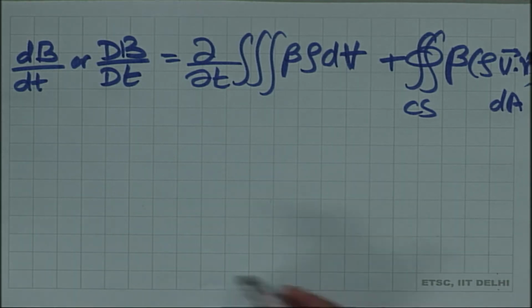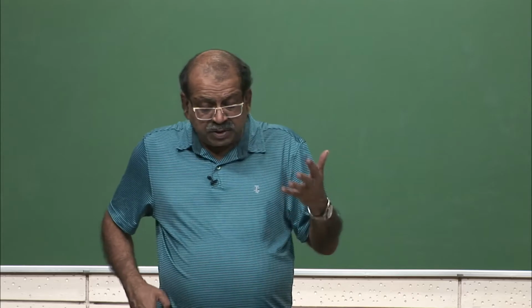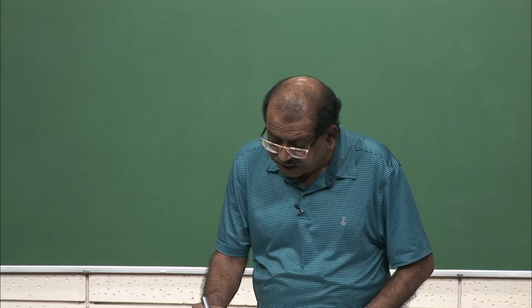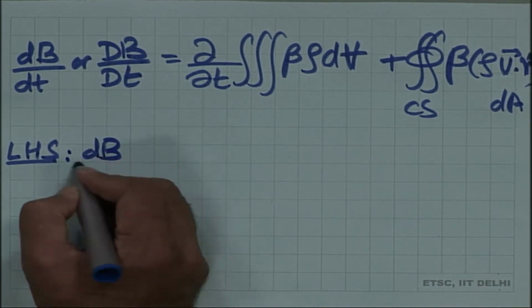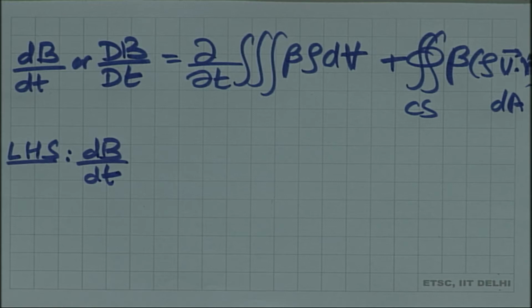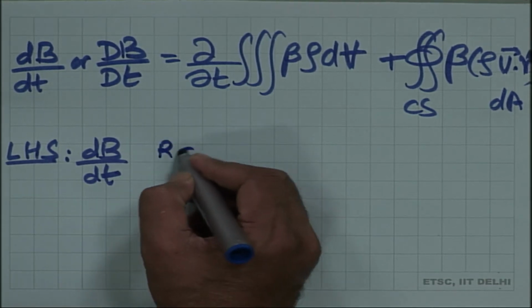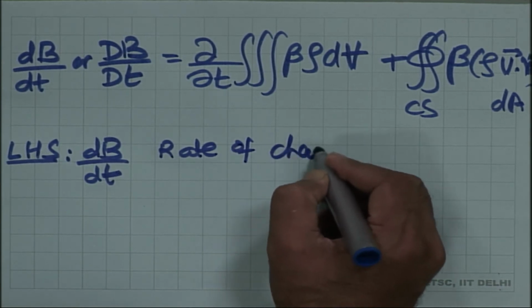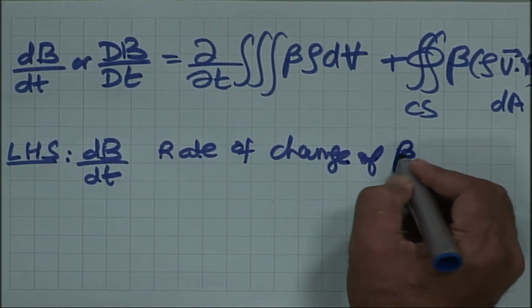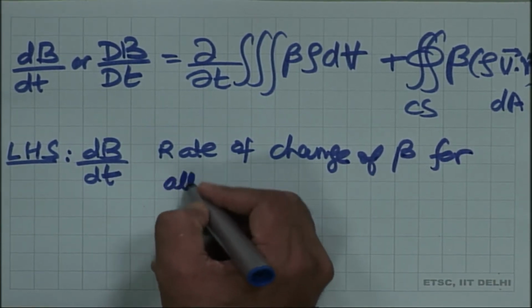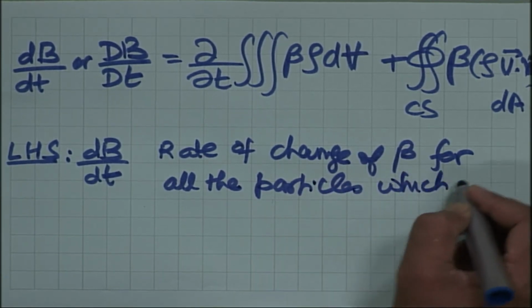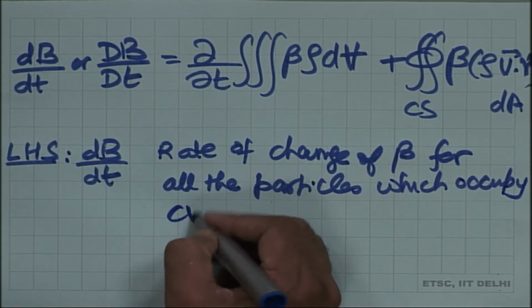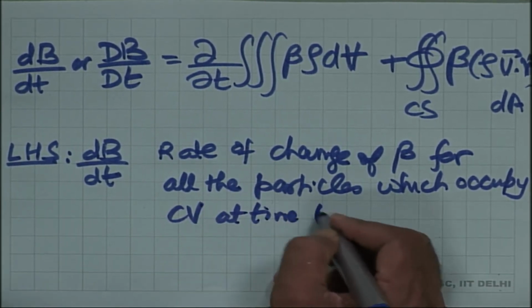Now, let us take a small pause and try to understand the different terms here. Let us look at the left hand side. The left hand side is dB by dt, at the expense of repetition. This is the rate of change of beta for all the particles which occupy the control volume at time t.